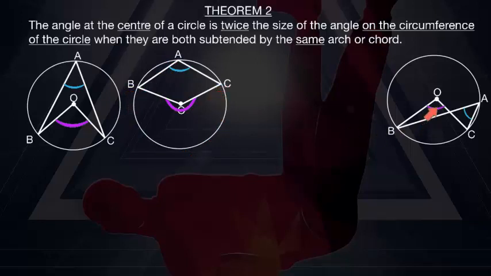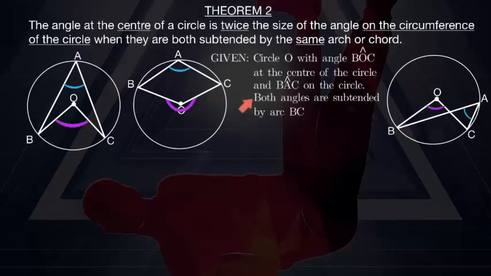Now the same here, this angle at the center with OB and OC, they are connected by this arc BC, and the same goes for this angle on the circumference. Both its sides that form this angle are connected with the same arc. So it's very important to know, for this theorem to be true, both these angles, the one at the center and the one on the circumference, have to be subtended by the same arc or chord.